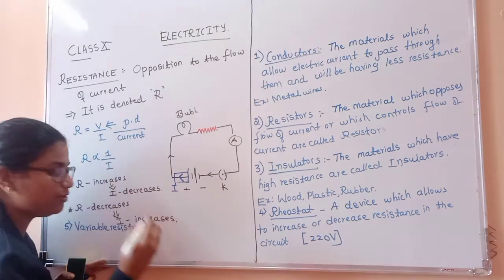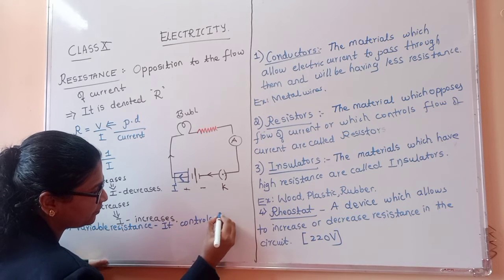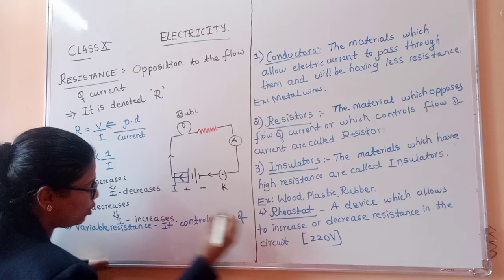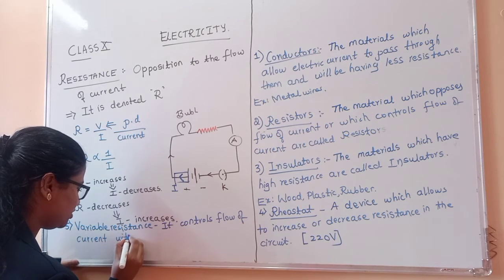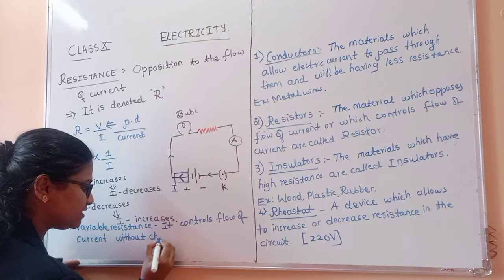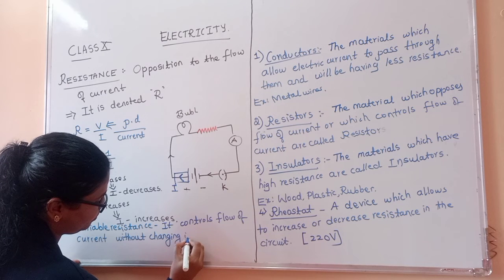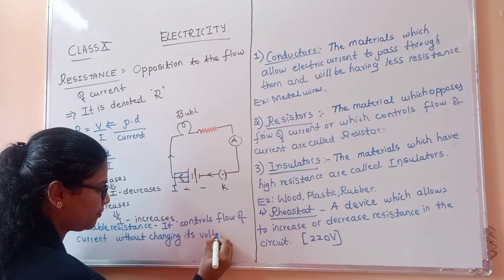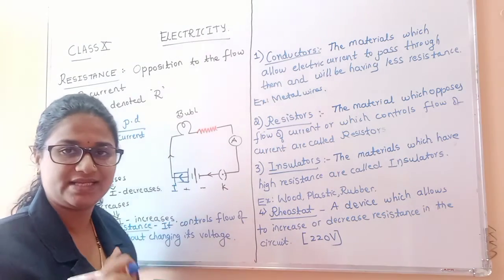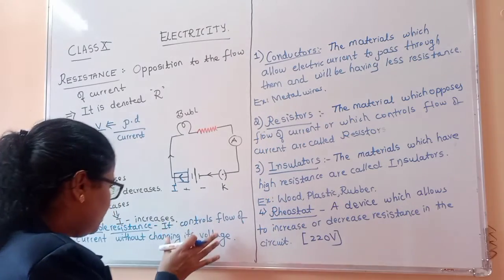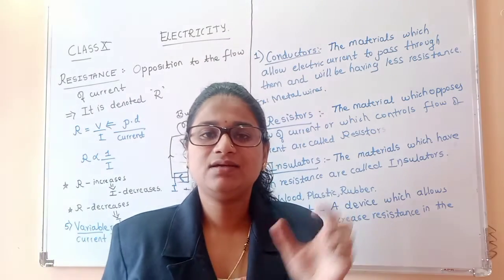What it does is control the flow of current without changing its voltage. This is regarding variable resistance. This is the principle on which the rheostat works. This is regarding today's session.